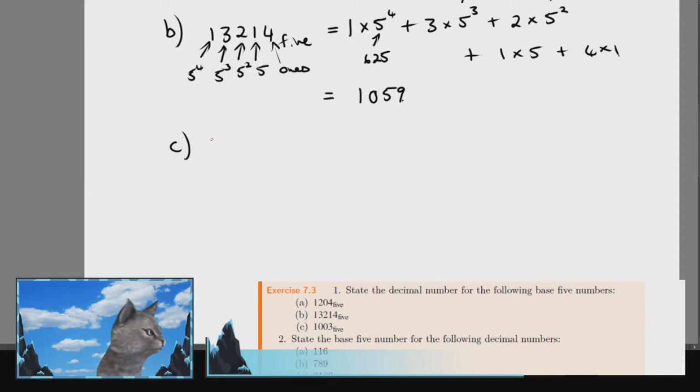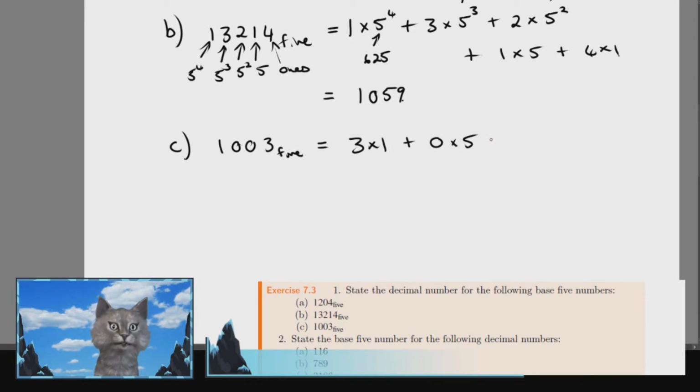Let's do one more. 1003 base 5. So an alternative is to not do the little arrows underneath and just start right to left so that I can make sure I don't miss anything. It would be 3 ones plus 0, this 0 over here. I said no arrows. 0 groups of 5.